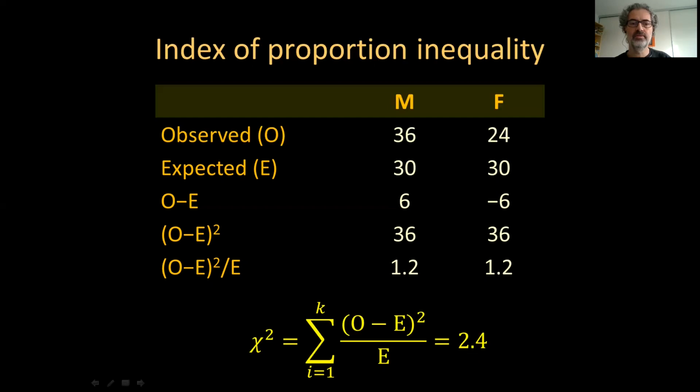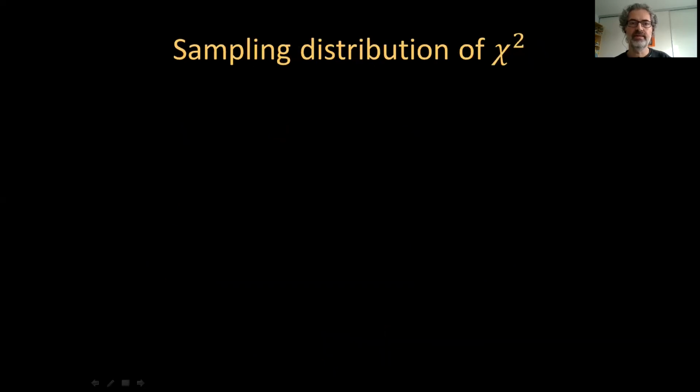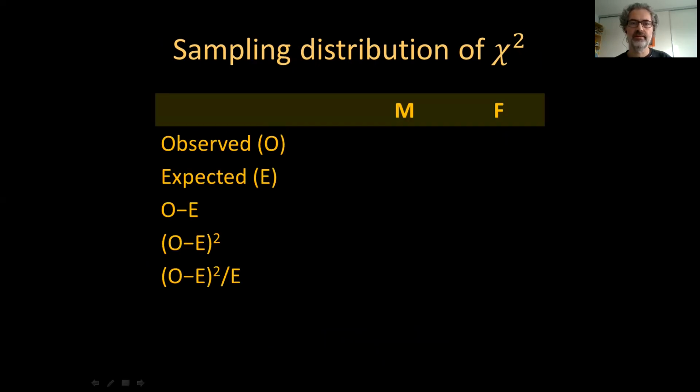Now we need to know how unexpected 2.4 is if we're sampling from a population with even proportions. That is the null hypothesis. What we need, in other words, is the sampling distribution of chi-square. To do that, we can sample many times from a simulated population with equal proportions and just go through the same sequence.